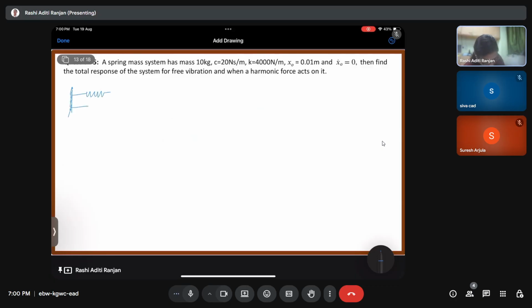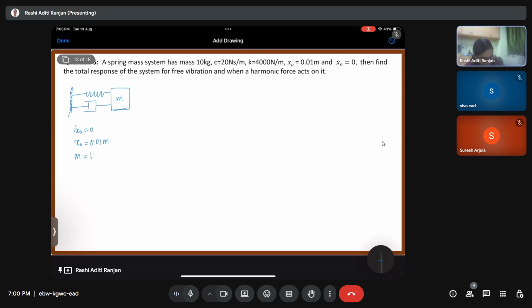So we have essentially a spring, a dashpot, and then there is a mass m. The initial velocity is 0, but the initial position is 0.01 meter.